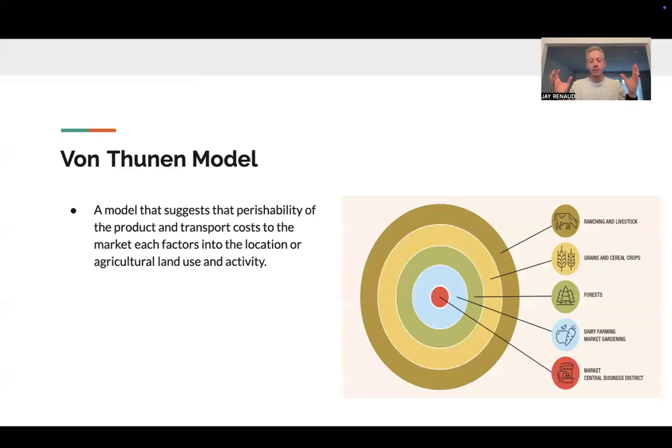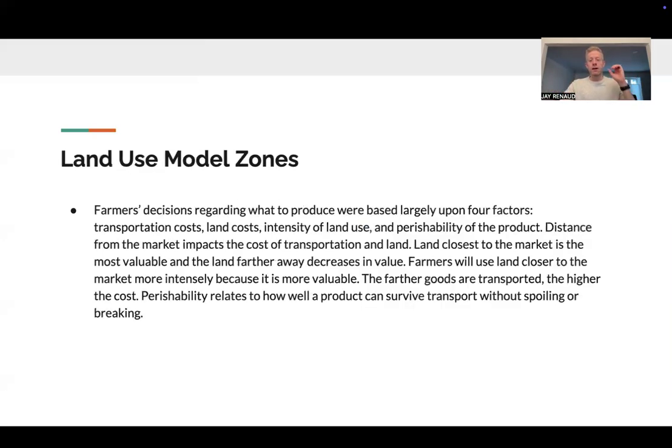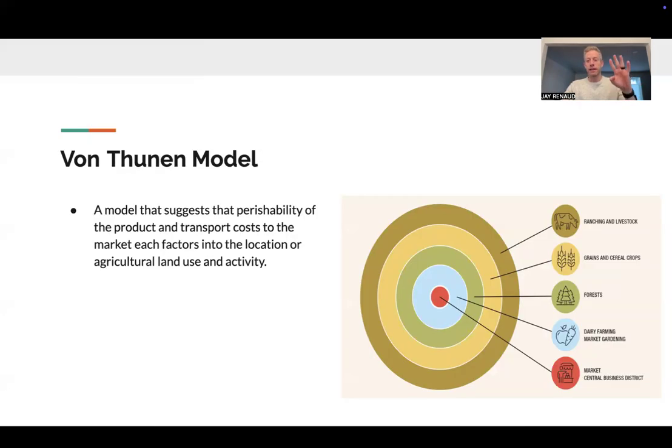Again, we can apply the bid rent theory to the von Thünen model. The other thing that we need to factor in here is transportation costs. Okay, transportation costs, land cost, intensity of land use, and perishability. So let's walk you through this.